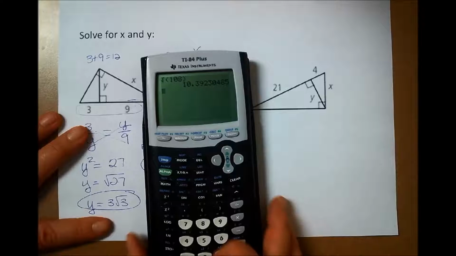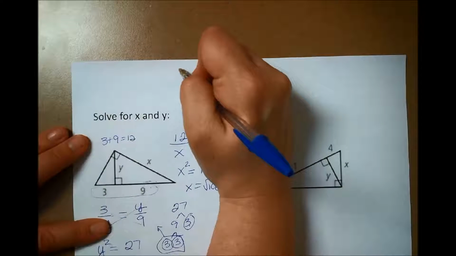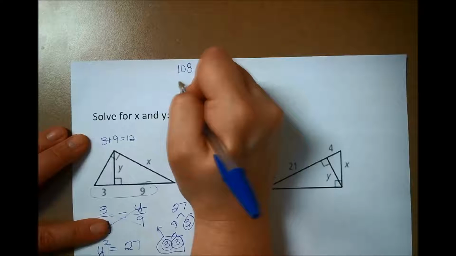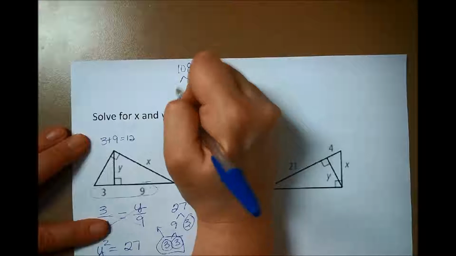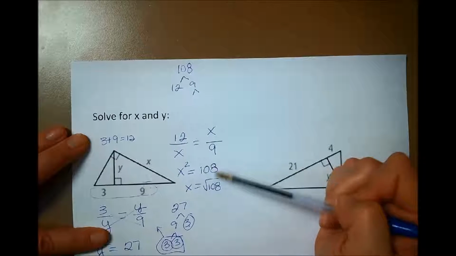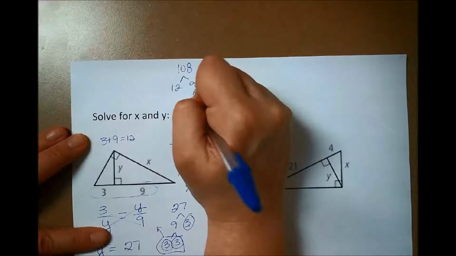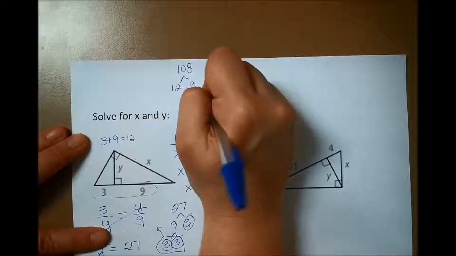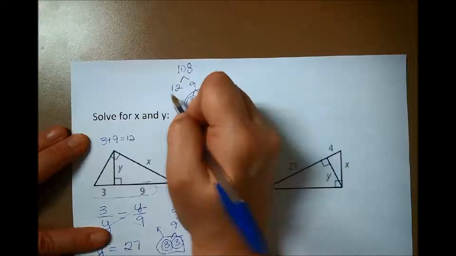So we say 108 is 12 times 9. Might as well use the numbers that we got to get that. 9 is 3 times 3. Oh, look, they can break out. 12 is 3 times 4.